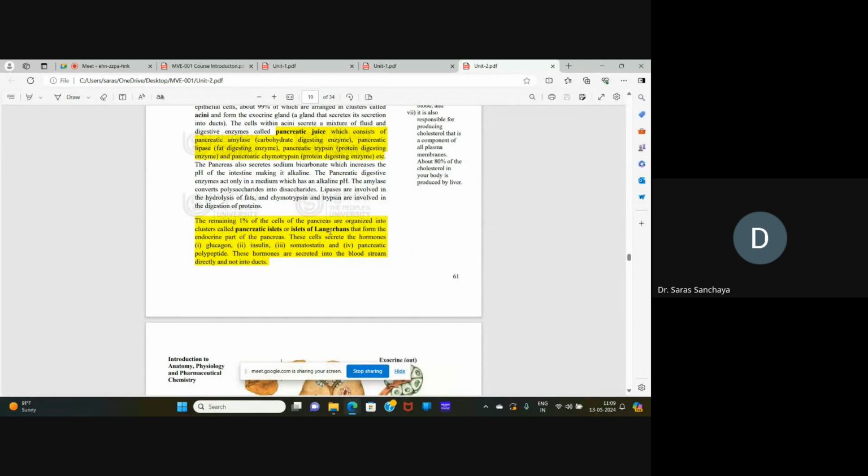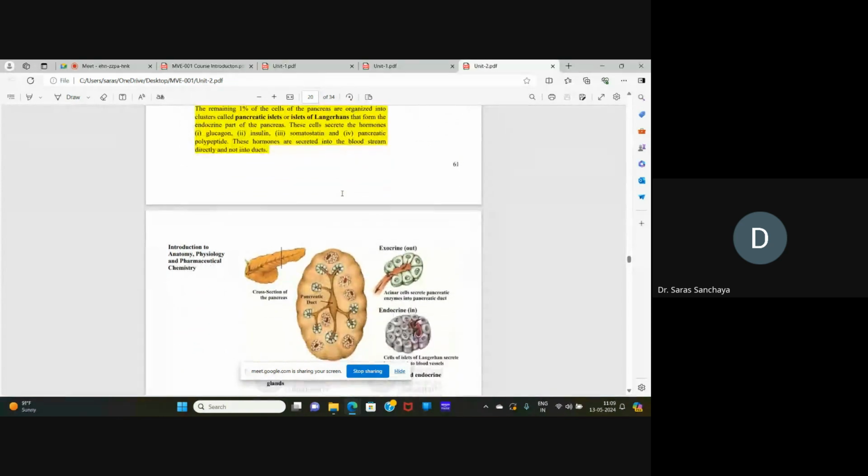The remaining 1% of the cells of the pancreas are organized into clusters called pancreatic islets of Langerhans that form the endocrine part of the pancreas. These cells secrete hormones such as glucagon, insulin, somatostatin, and pancreatic polypeptide. These hormones are secreted into the bloodstream directly and not into the duct.